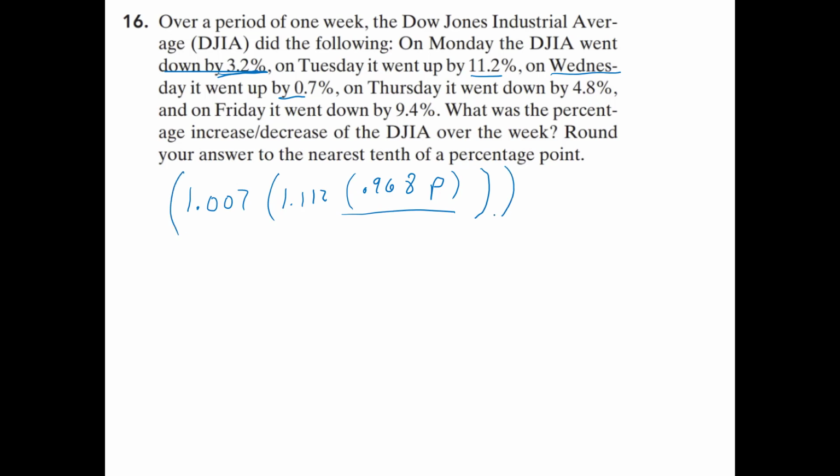And so that one we're going to multiply now by 1 minus 0.048, which is 0.952. And then on Friday, it went down by 9.4%. So 1 minus 0.094, 0.906.